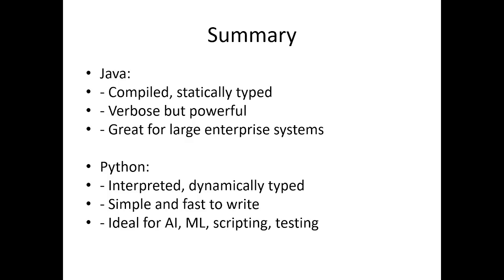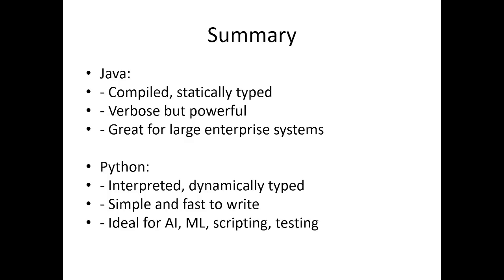And Python is simple and fast to write. You don't need to follow the syntax as strictly. Basically, as far as I know, Java is used for large enterprise applications, even for banking and other sectors. It's not that other programming languages are not used.